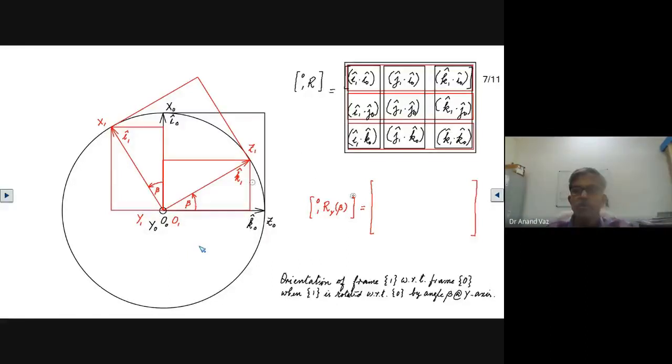So let's start. i1 dot i0. When you resolve the vector i1 in the frame 0, you can take the components of this i1 resolved along i0. So this is i0, this is i1. So this component is over here.